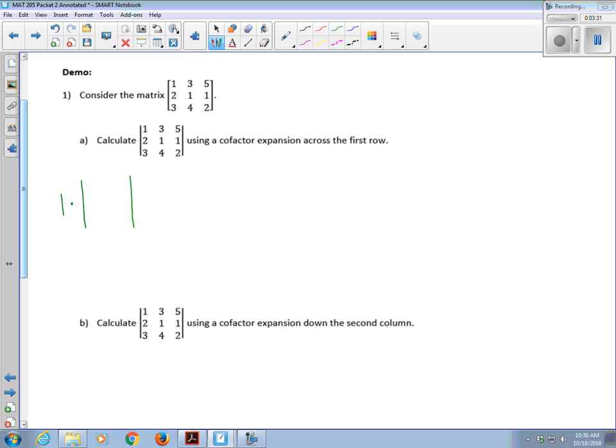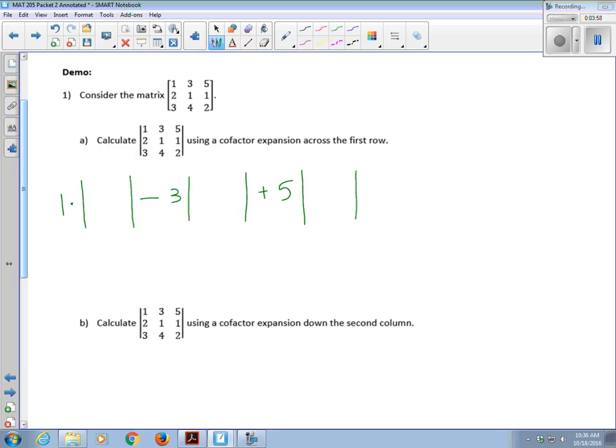Then my next term is a 3, but I alternate signs, so I'm going to do minus 3 times some 2 by 2, and then plus 5 times some 2 by 2. Notice I'm drawing lines without the little top and bottom piece of the bracket. That is a new notation for determinant. Instead of writing determinant of a matrix, those lines mean the determinant.